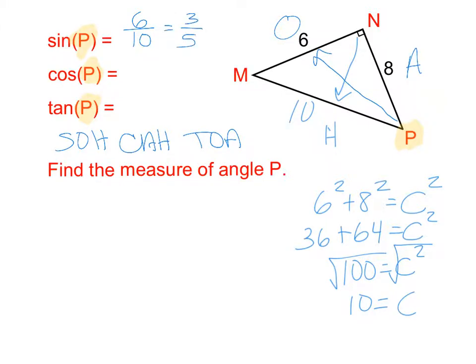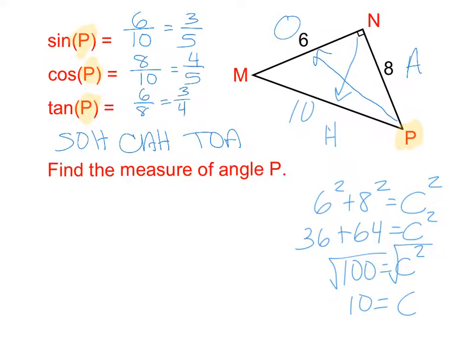Cosine is adjacent over hypotenuse, 8 over 10, which is 4 over 5. And tangent is opposite over adjacent, 6 over 8, which is 3 over 4.